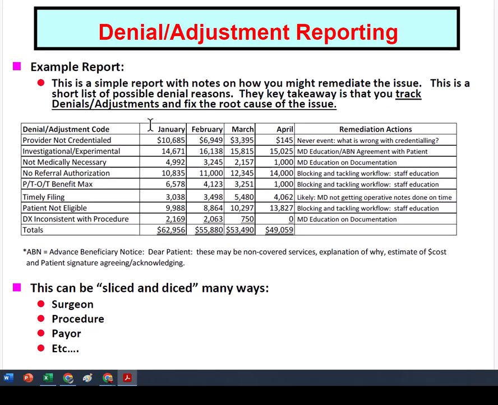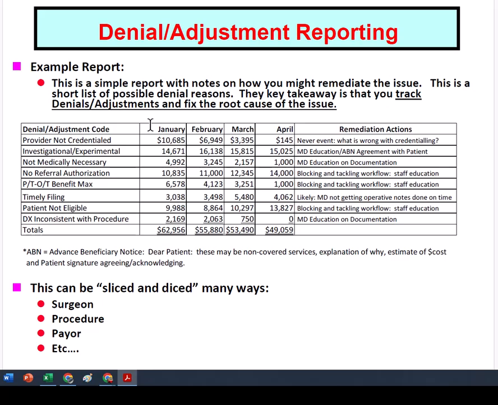So a couple of examples here. If you get a denial, provider isn't credentialed, that's a never event. You go to the credentialing department. Why isn't this provider credentialed? Why is he or she seeing patients for this insurance company if we haven't gotten them credentialed yet? Denied for investigational or experimental.